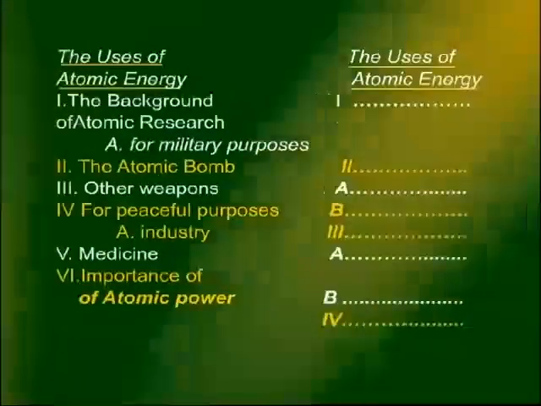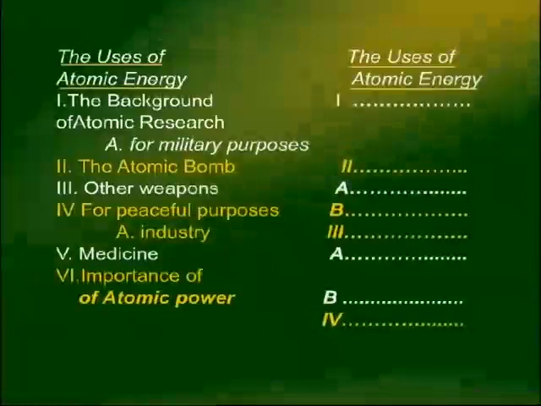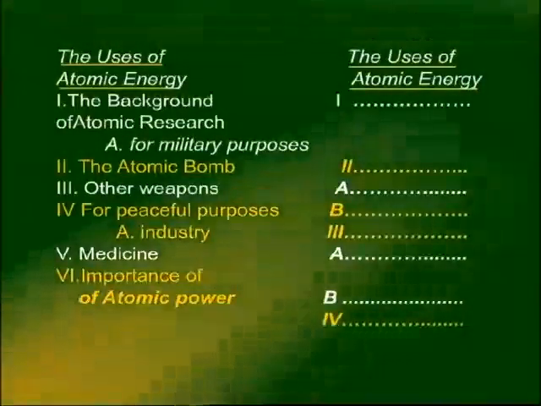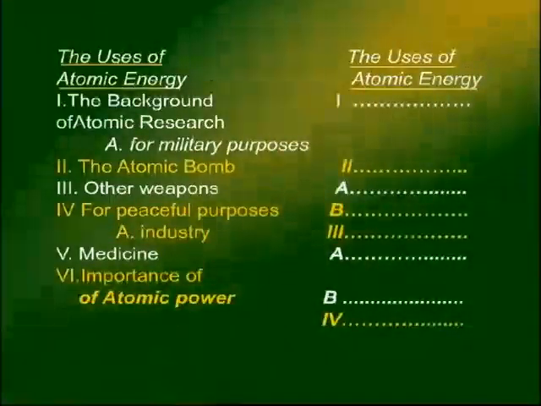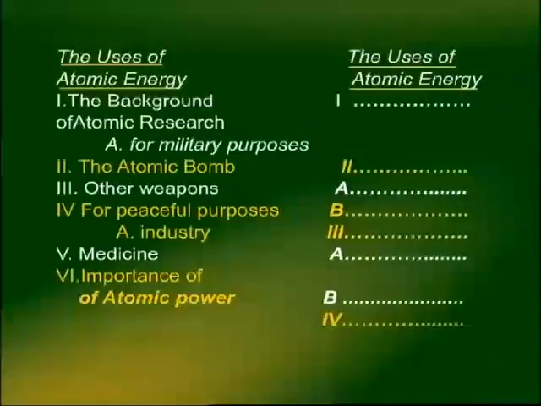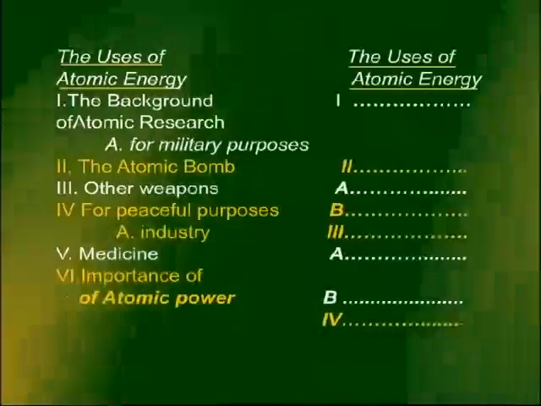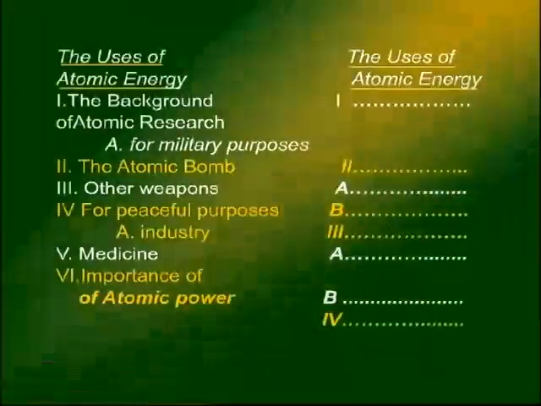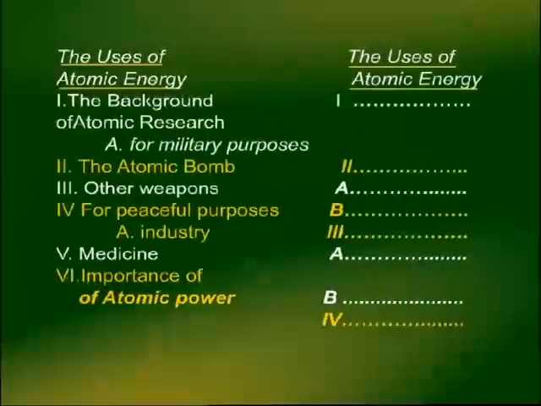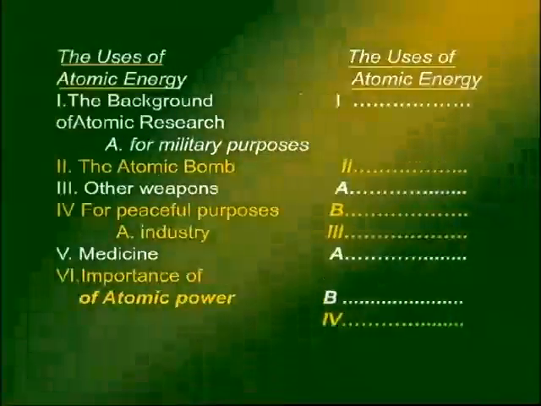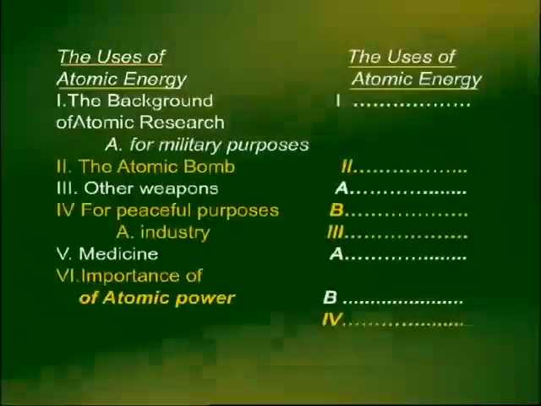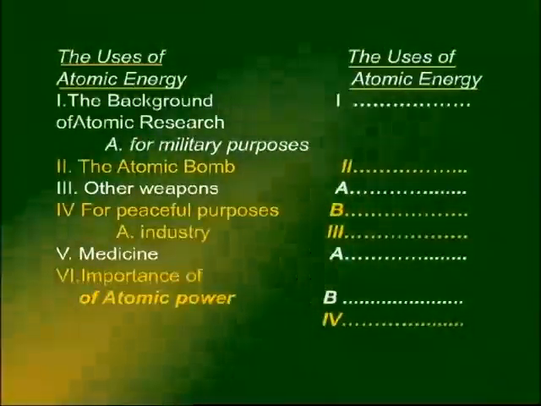And the topic is the uses of atomic energy. On the left-hand side, you have the background of atomic research, A, for military purpose. Now, if you've got A, then you better have B as well. Otherwise, don't have it. Number 2 is the atomic bomb. Number 3, other weapons. Number 4, for peaceful purposes.